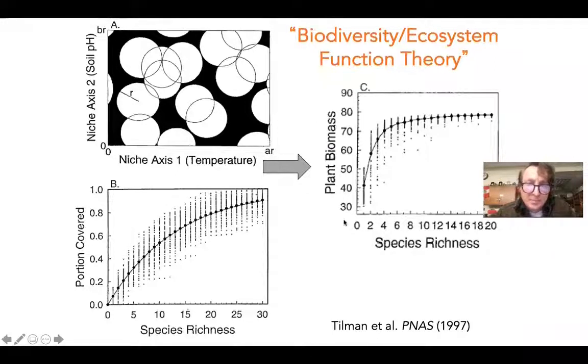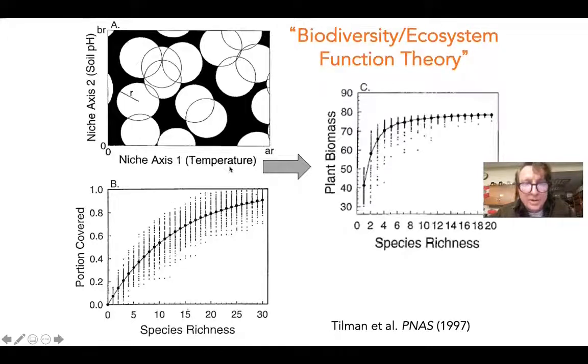So based on this simple theoretical model, there should be a relationship between the number of species in a community and the total portion of niche space covered, but also the total amount of plant biomass present, or the amount of biomass produced, or the net primary productivity. So there should be an immediate linkage between species richness, the total niche space, and the total functioning of an ecosystem. That's the argument: there's this linkage between richness and niche space.